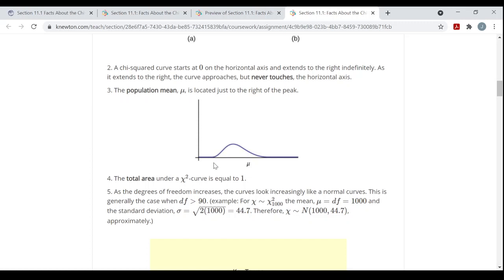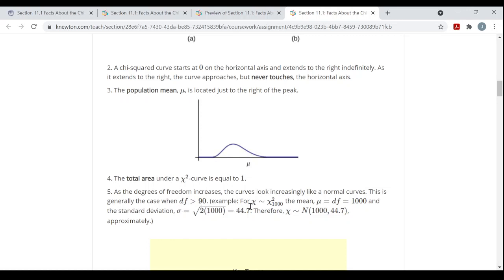The total probability is 1. As I said earlier, as the degrees of freedom increases, the curves look increasingly like normal curves, more and more bell-shaped. This is generally the case if the degrees of freedom is greater than 90.